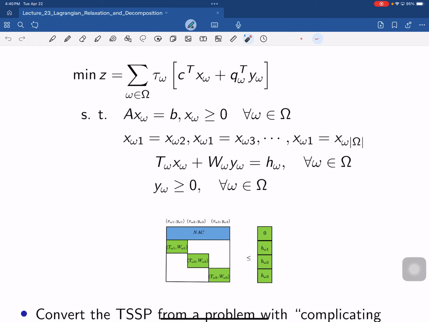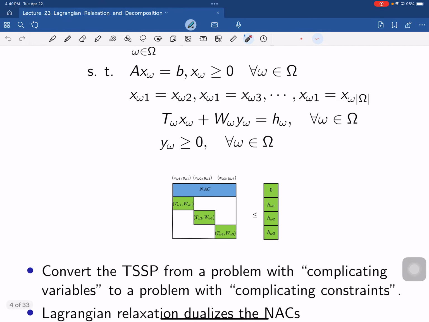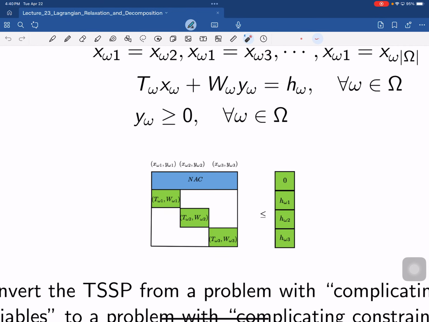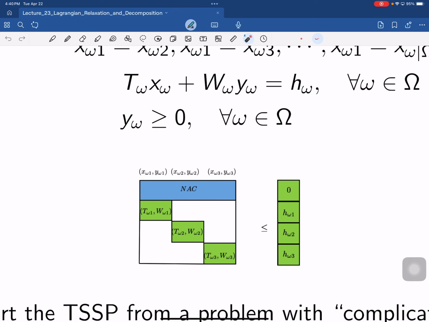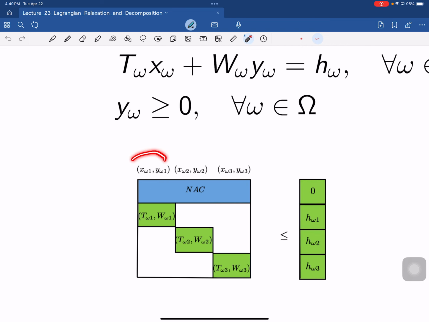Okay. So with that, you convert the problem to this particular form. You have created a copy x omega for each of the scenarios. Therefore, the columns of this constraint matrix will involve x omega, y omega, and so forth. And these are the constraints in the second stage, which are decomposable.